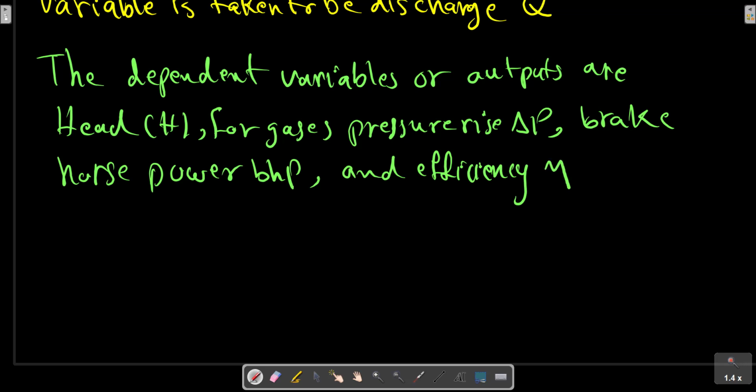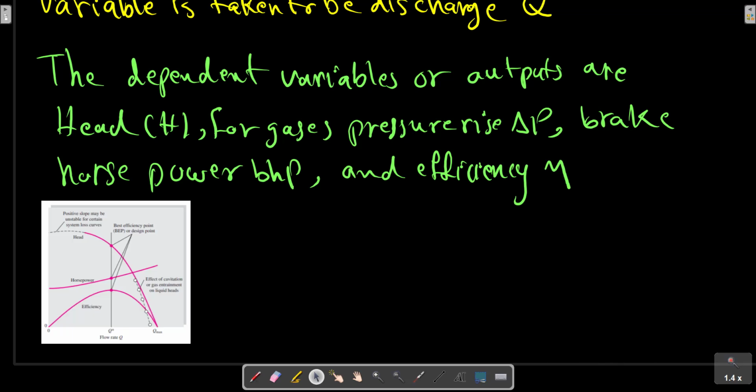For example, this picture shows a typical performance curve for a centrifugal pump. The head is approximately constant at low discharge and then drops to zero at Qmax. So Qmax is for head equals 0, and also efficiency.